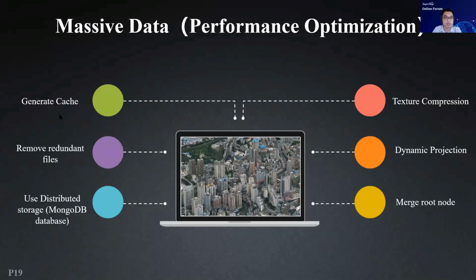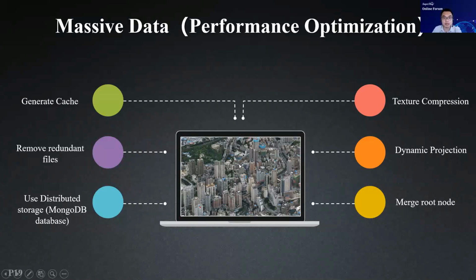We need to generate the cache layer, and also remove some suspected parts, and also we need to use distributed storage like the MongoDB database to store this kind of data, and also we can have the dynamic projection, and also sometimes we need to merge the root node of the OSGB data.